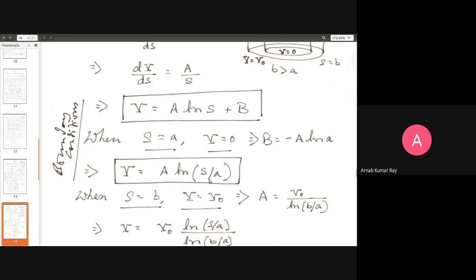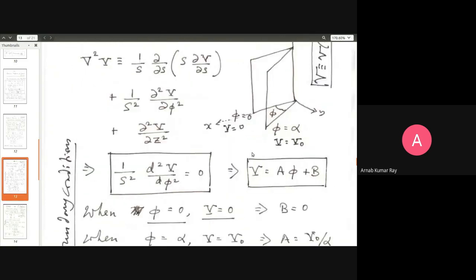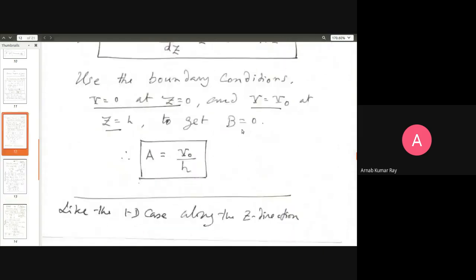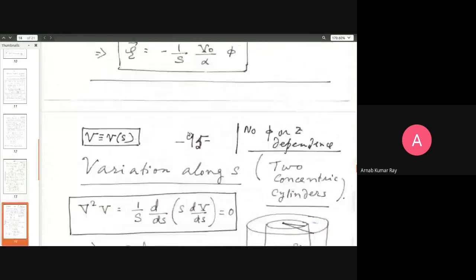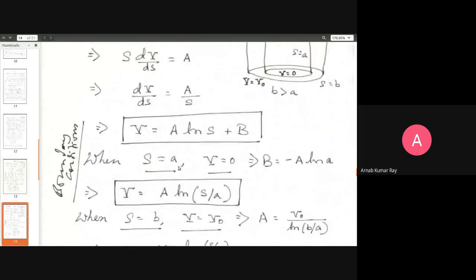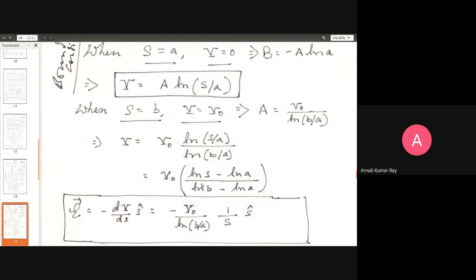So X, Y, Z, all 3 of them yielded the solution of a straight line. In cylindrical coordinate system, Z and phi also yielded the solution of a straight line, but S has not. S has given you a function that is like a logarithm. So please bear that in mind.